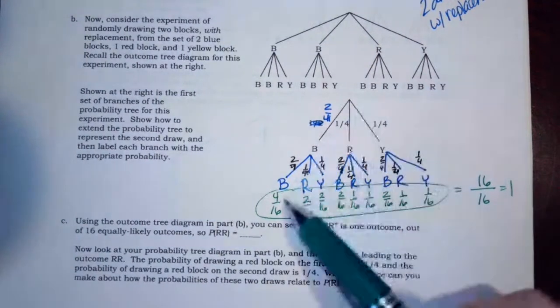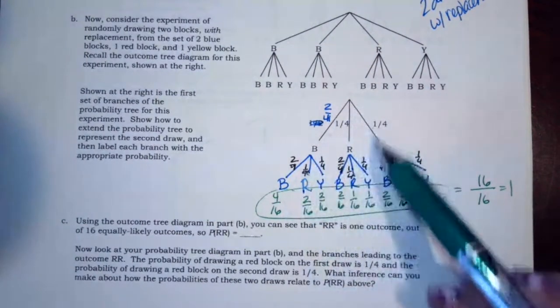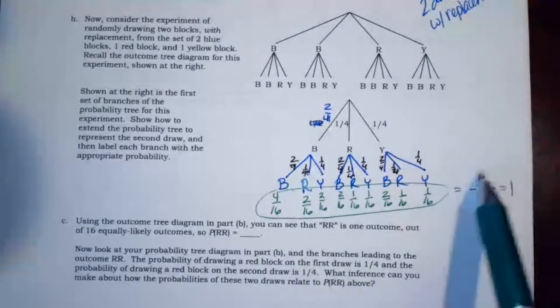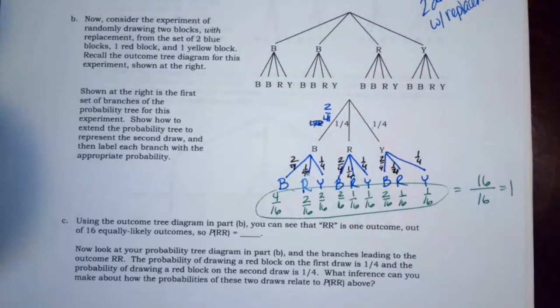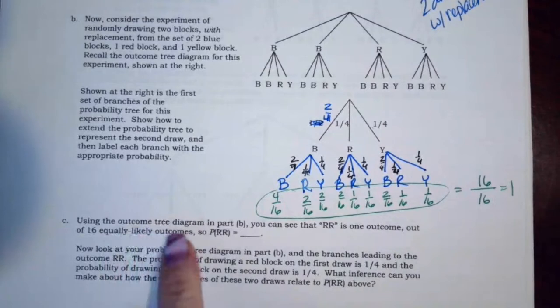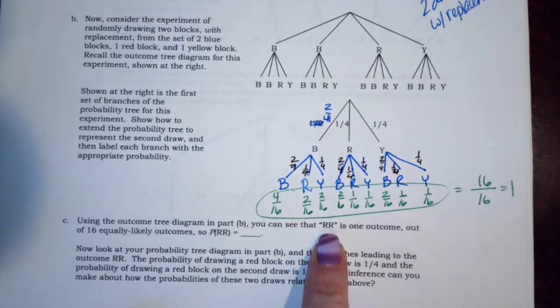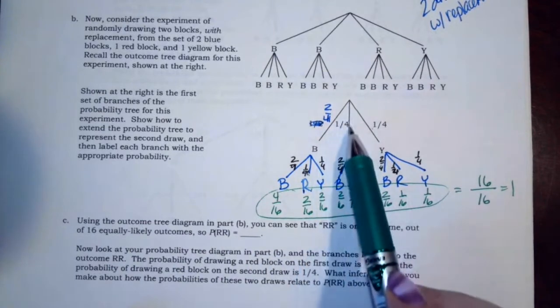Okay, so we got the probability for each of my outcomes, each of my branches, and I double checked myself, and yes, it added up to 1, 16/16. So using my probability tree diagram, I can see that RR, red and then red again, is one branch. I don't have to look for multiple branches.